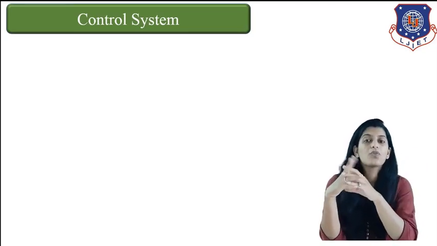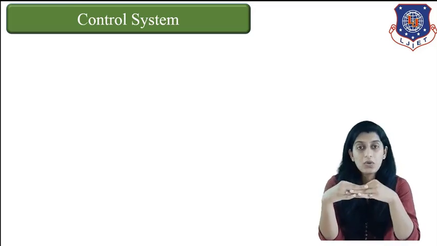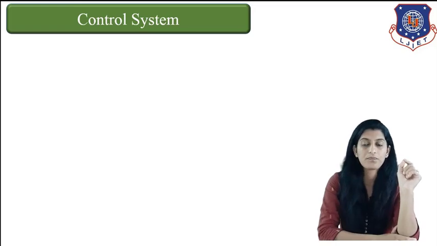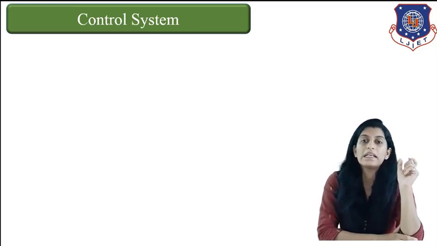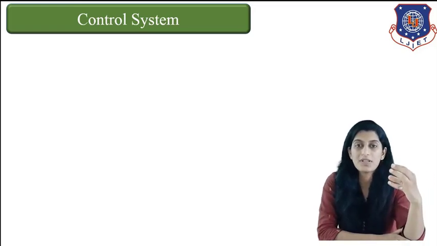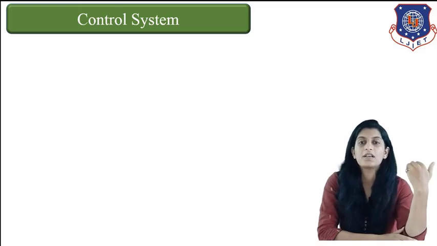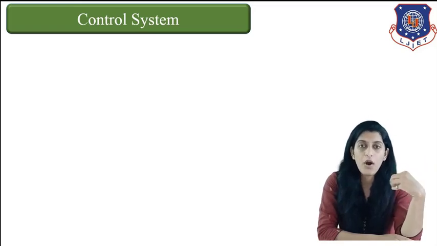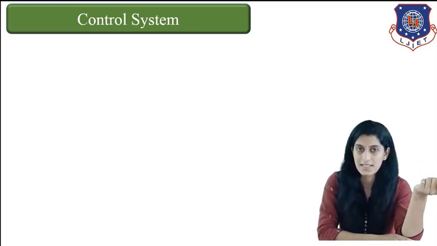In this chapter we will deal with how to control different systems or processes sitting in a control room or from a remote area. We will deal with the various equipment or processes involved in remote controlling systems.